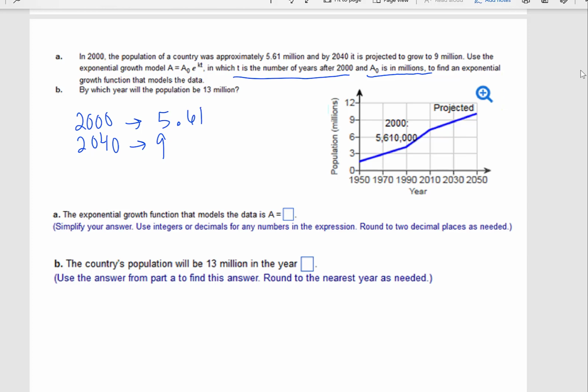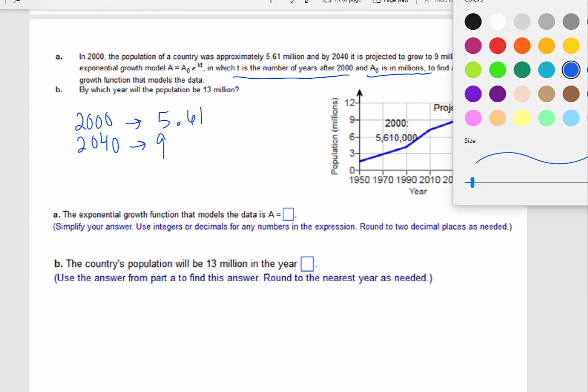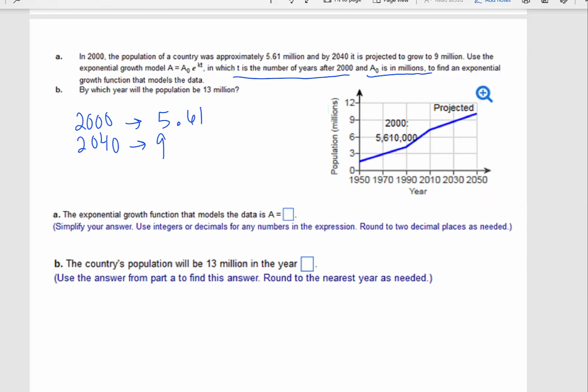And using that information, we're going to fill in that exponential growth model and then create one to use for later. I'm just rewriting the exponential growth function right here so that we can see as we fill in everything.